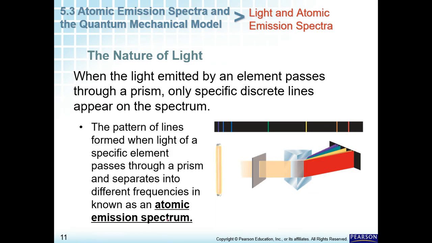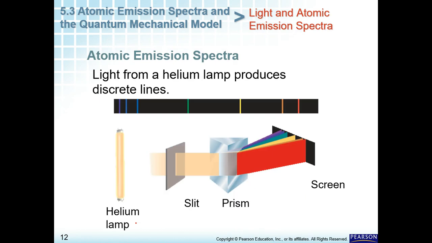Again, it's a spectrum because it shows color, and atomic because atoms of a specific element are giving it off. For example, helium, if we pass it through a prism, shows these discrete lines. One thing you have to understand is no two elements are going to produce the same discrete lines.